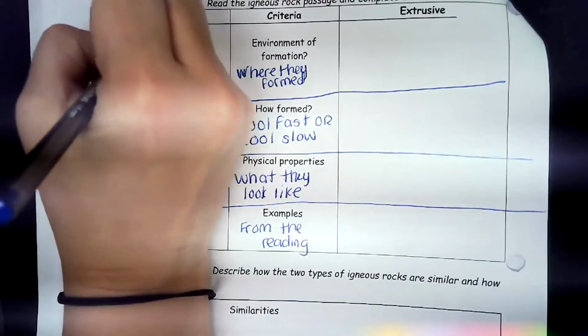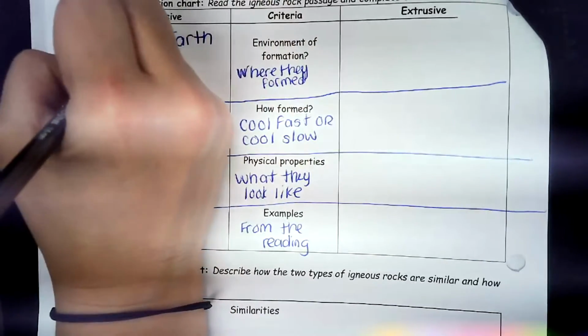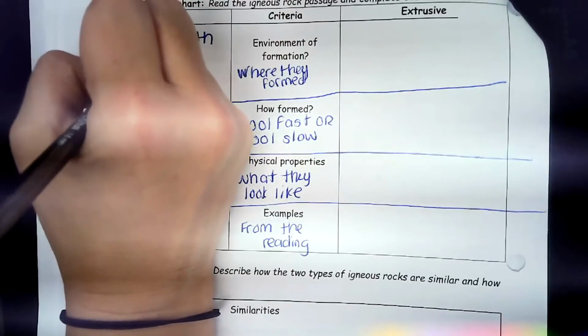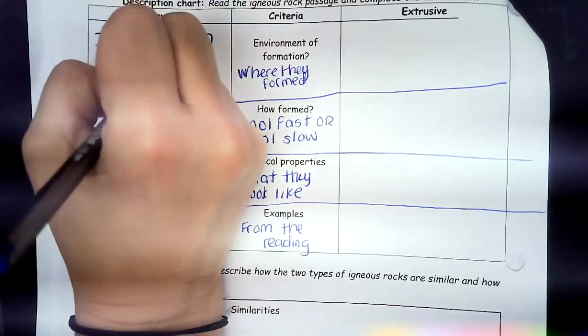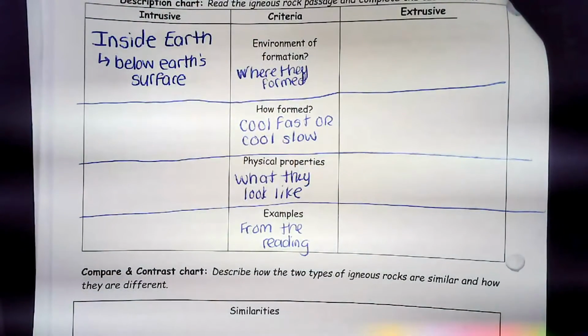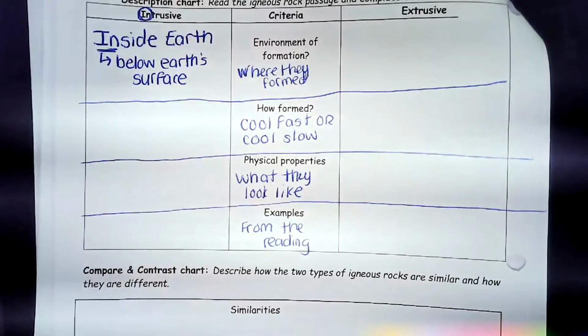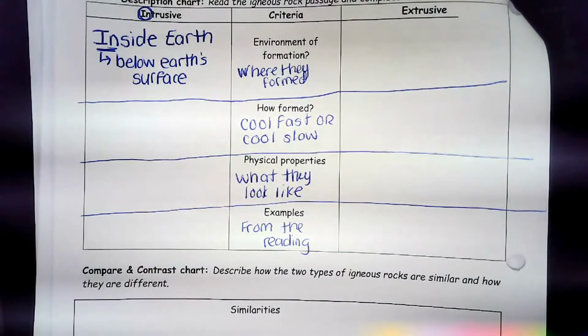They form inside Earth, which again means below Earth's surface. Yep, that's a part of the inside. I like the word inside Earth because these are intrusive. Inside. Just keep it simple. What does intrusive mean? It means it forms inside Earth's surface. Don't overthink it. So it's inside the Earth.